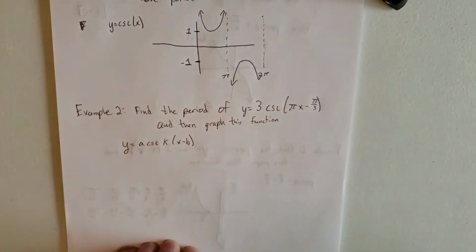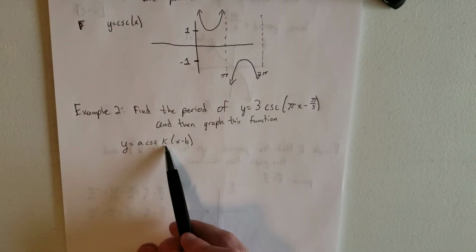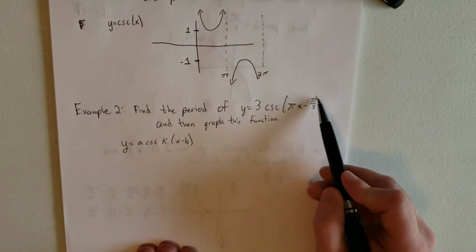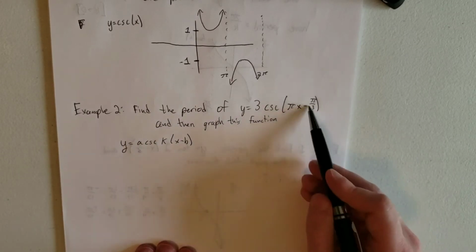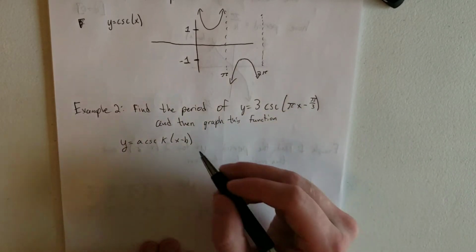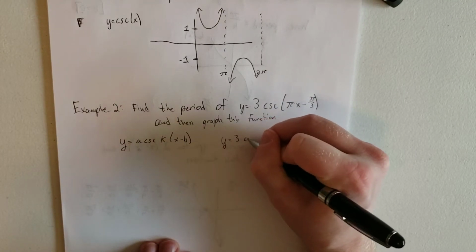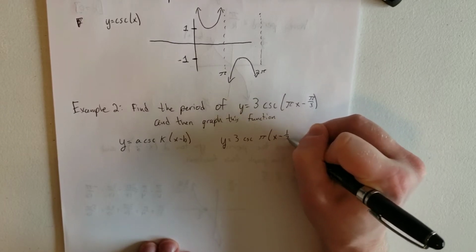We have a phase shift here, so we want it to look like this. So we need to factor out our k. Well, what's in both pi x and negative pi over 3? Well, pi is in both of those, so we can factor out a pi. So our function is really y equals 3 times cosecant of pi times x minus 1/3.